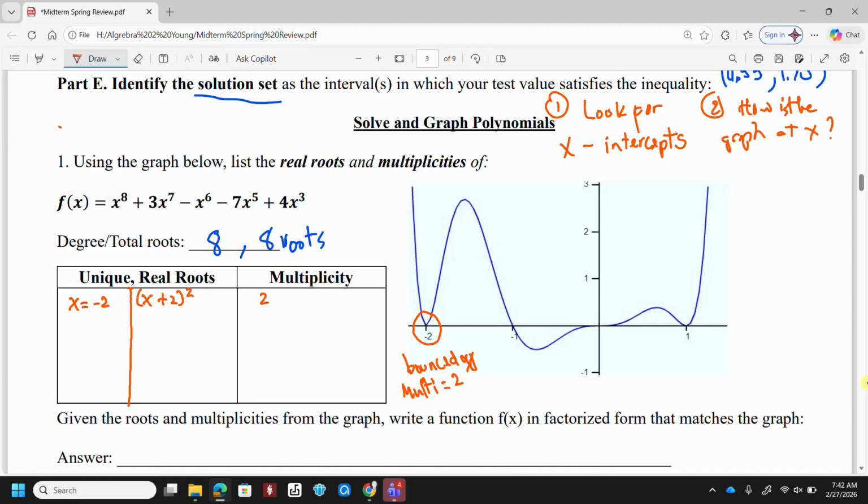Let's move on to this one right here, x equal negative 1. For the factor, you write x plus 1. Now, it goes straight through, so the multiplicity is 1, and you put exponent 1 right there.